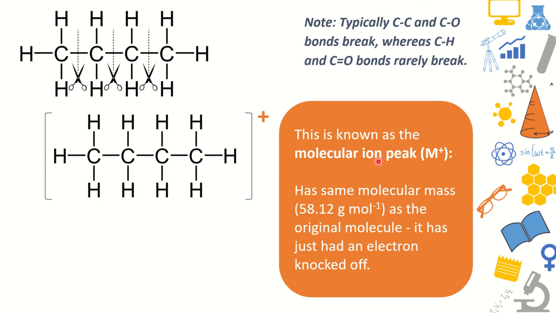If you look at the graphs later on, we also call it the molecular ion peak, or the parent ion peak, and essentially this will reveal to us the main molecular mass of the molecule.